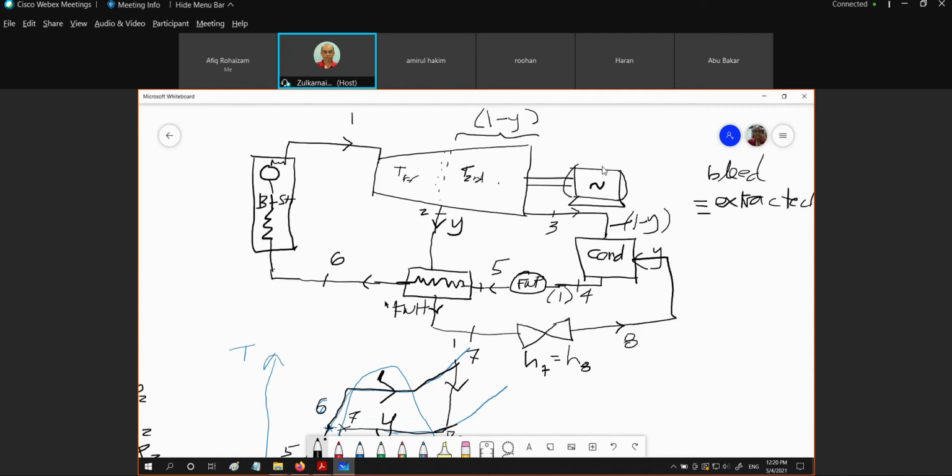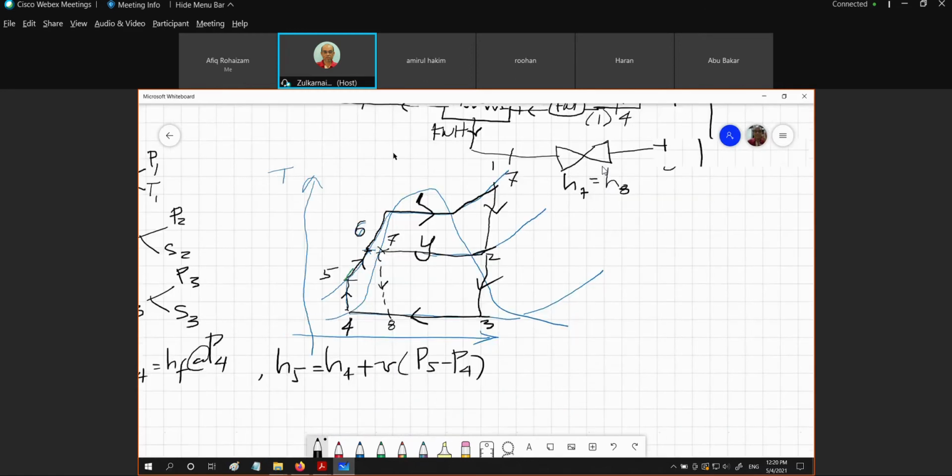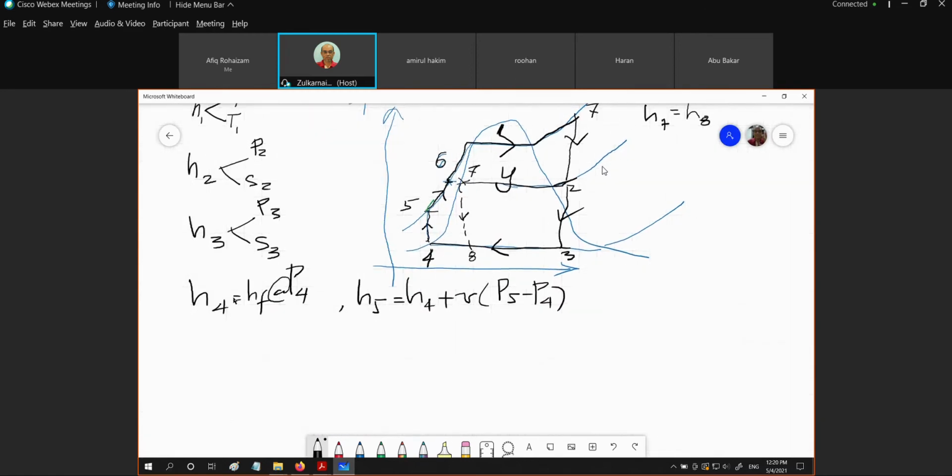But right now, as far as what we are going to solve for the quality, for the SSC, for the thermal efficiency, I think we don't need any energy balance at the condenser side, because H4 and H3 we are determining by using this method. This is H4, this is H3. Okay?